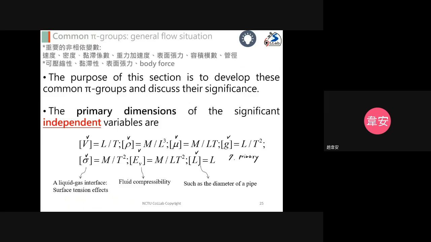And this is a very important parameter for the diameter of a pipe. And gravity can control the body force from the gravity force. And viscosity is a good parameter to better understand the viscosity effect. We have a density and also the velocity.